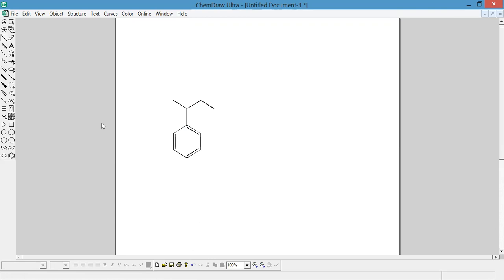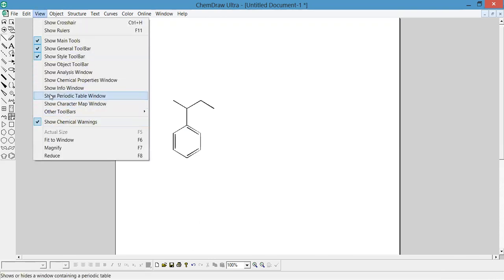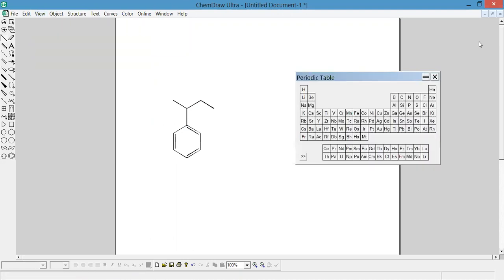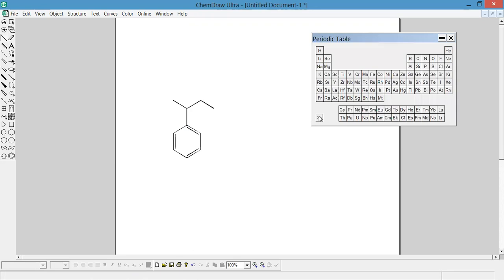Now first take a periodic table window so that we can select the different types of items. For example, you can select the nitrogen atom for the 6-membered ring, pyridine ring.